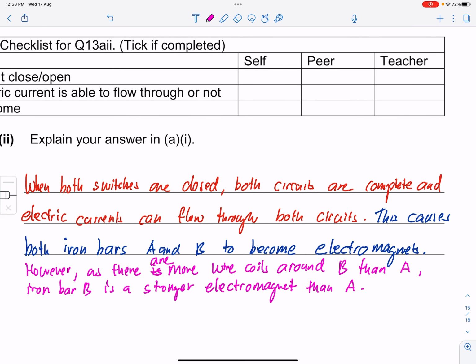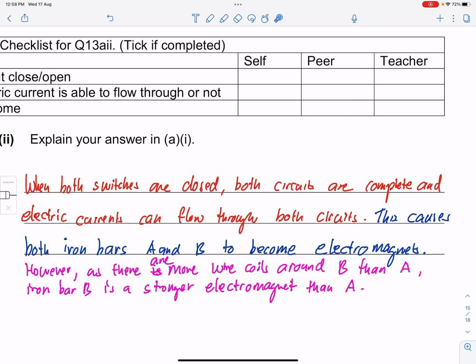So there are two ways to answer this. Either you talk about more wire coils, or you talk about more batteries in circuit Q.